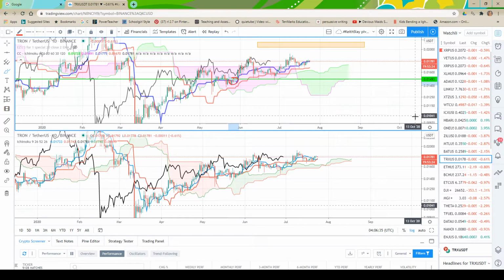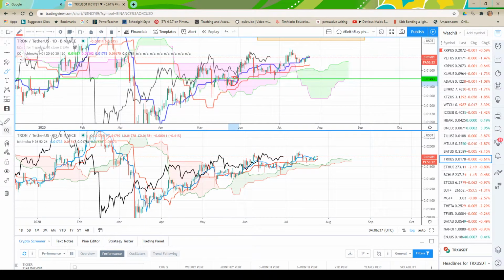This cryptocurrency cloud told us no. Inside the cloud, we don't trade. It went dead sideways until it got up to here. Now when it got here, it looks like it broke out. We had a blue line over. So it did tell us to make a little trade right here. And it also quickly came down and looks like we would have gone flat and not made anything.